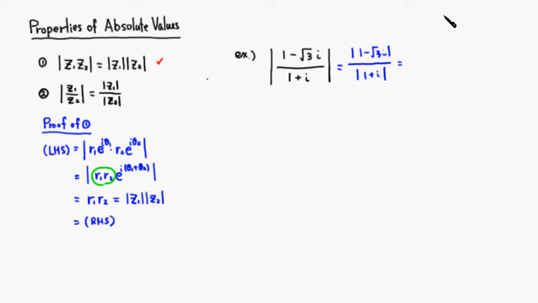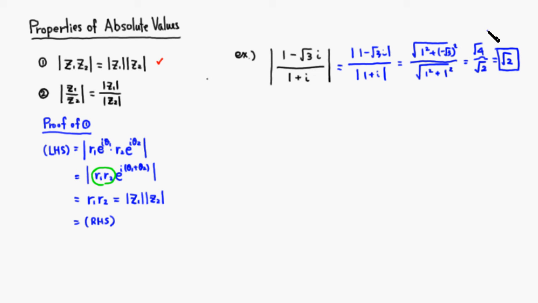So the absolute value of the numerator is square root of 1 squared plus negative square root of 3 squared, right? And the bottom is square root of 1 squared plus 1 squared. So this is going to be 1 plus 3, so square root of 4 over square root of 2, which is square root of 2, right? So we could easily find that.